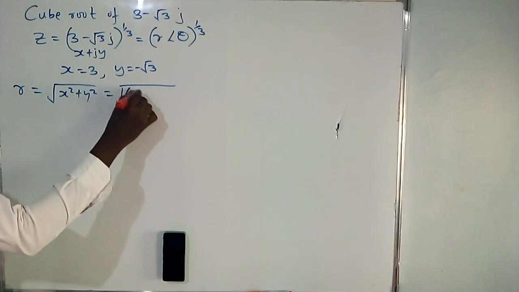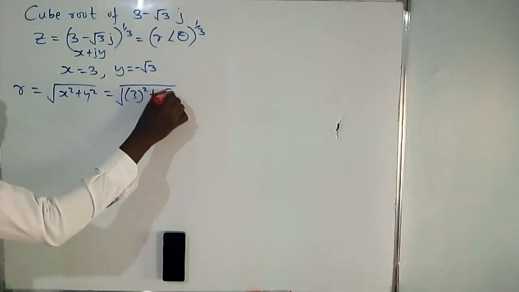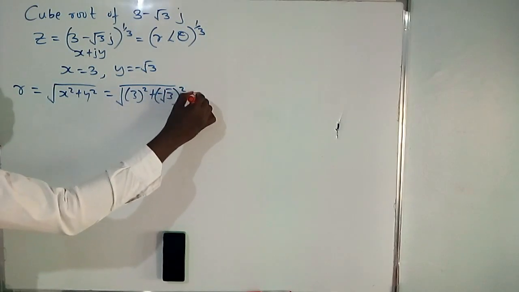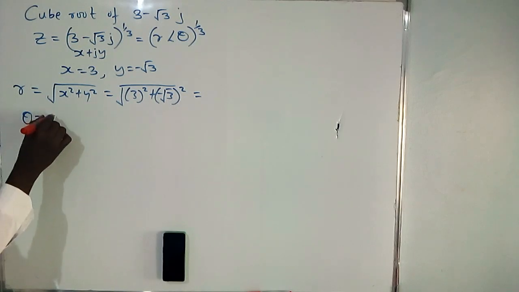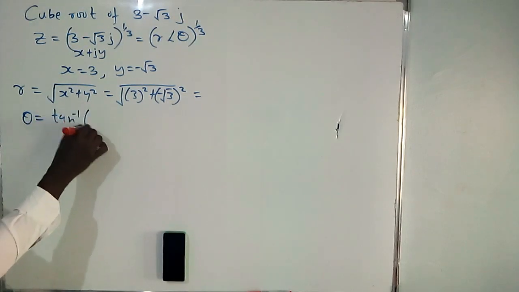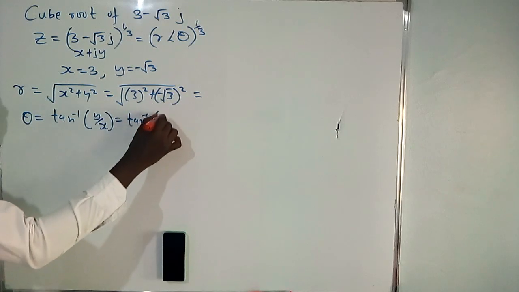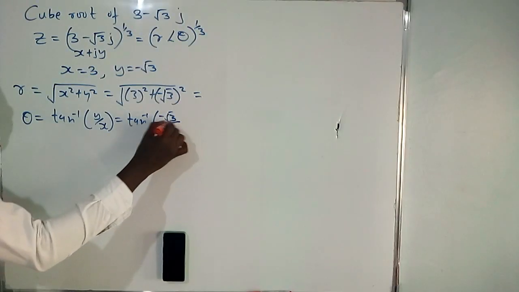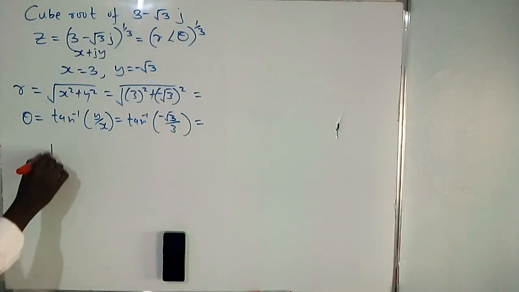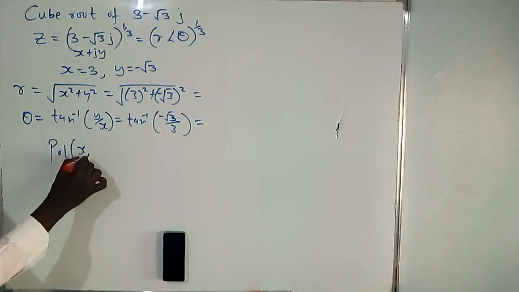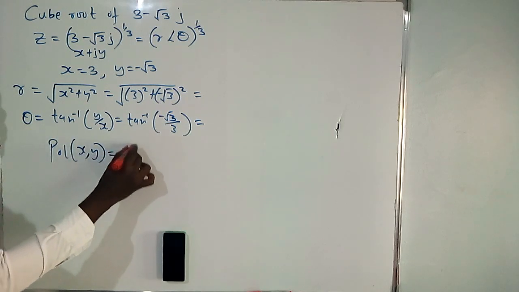Then you have your theta, which is the tan inverse of y over x, which will get to be what? So you now just go to the calculator, the polar form of x, y.